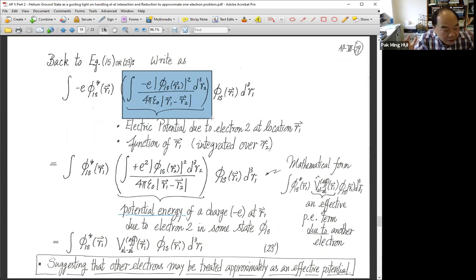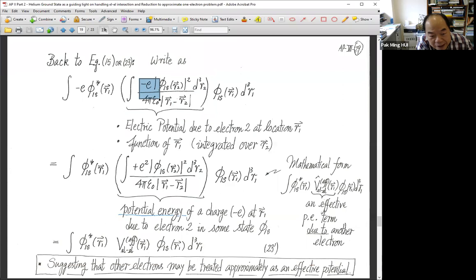Do you understand what I did here? I collect all the things about R2, including the integration, and then put it in the middle. And then if I also put this minus E into this minus E, I have a plus E squared and this.